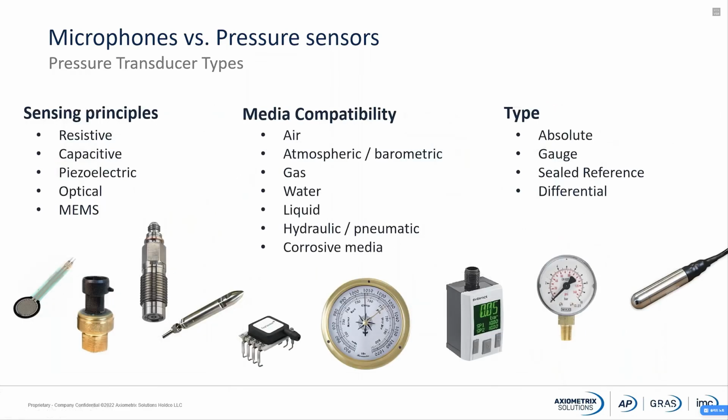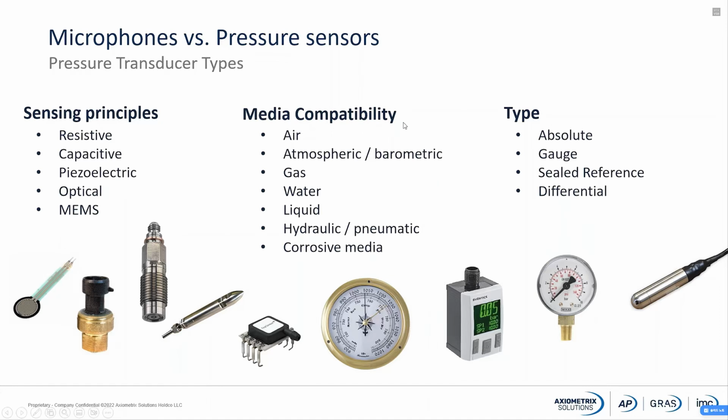There are also other types of pressure sensors. So if we take a look at what different types there are on the market, you will find that there are a number of different principles for how to actually measure. One could be capacitive, it could be piezoelectric, it could be optical, it can be MEMS or resistive, and so on and so forth. So there are different sensing principles. There is also different media compatibility.